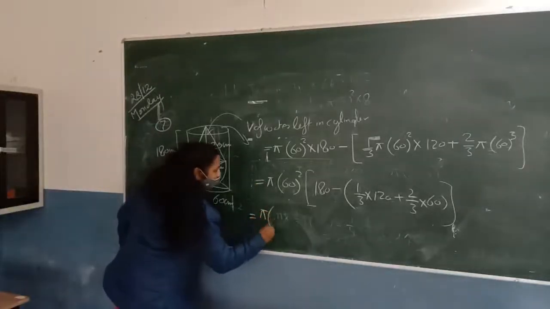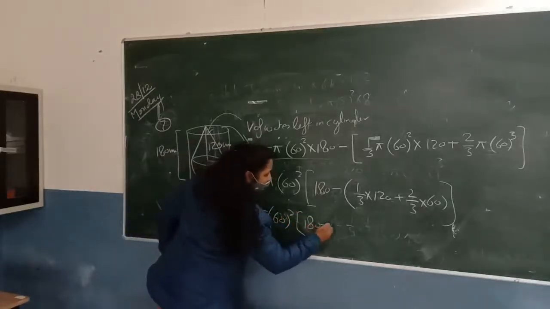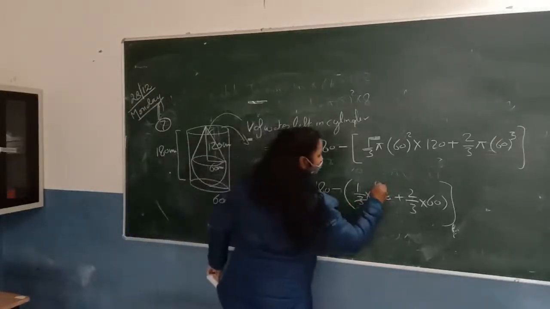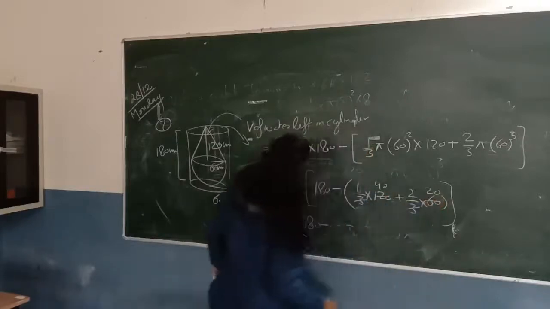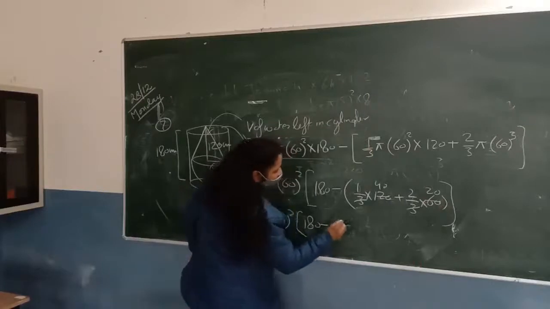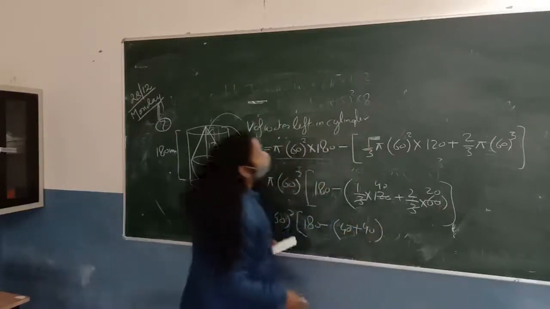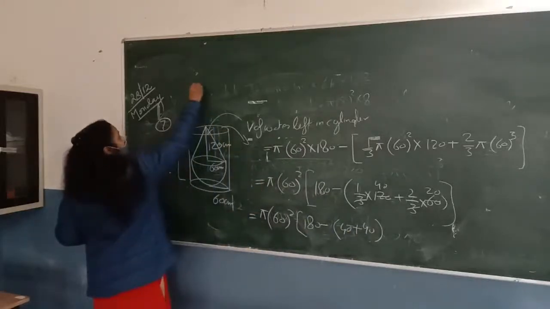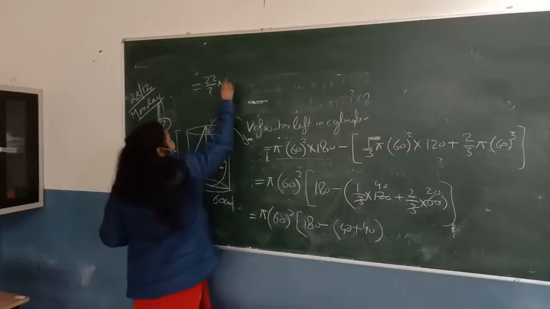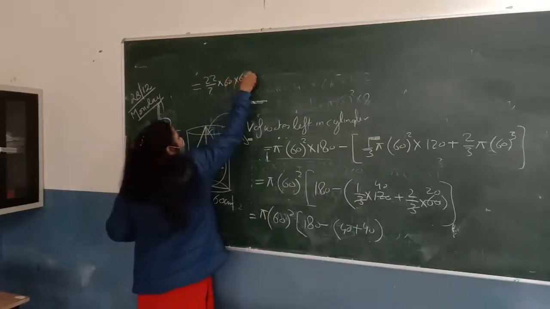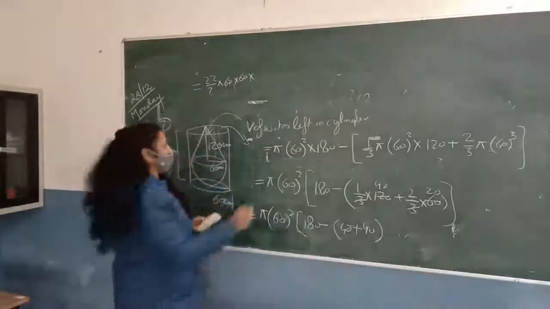कितना आ गया? pi into 60 square, it will be 180 minus कितना आ रहा है? 40 plus 40, 80. So I am writing here pi into 60 square, 60 into 60 into how much? 80. 180 minus 80, 100.